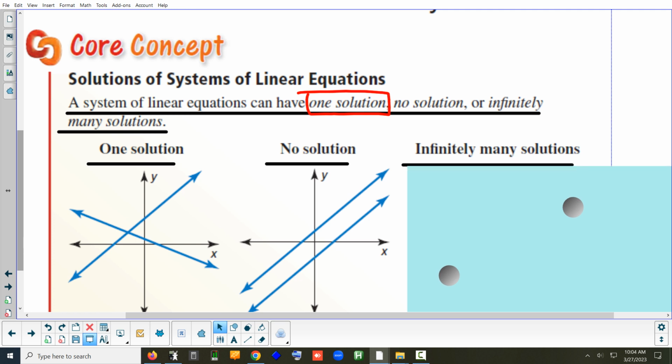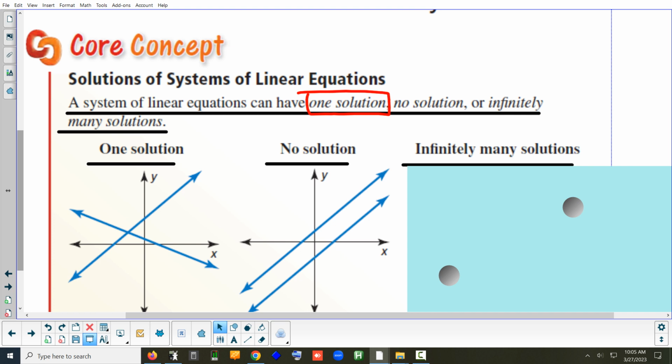And then the last case is infinitely many. How can two lines cross each other infinitely many times? Right, if they were right on top of each other.